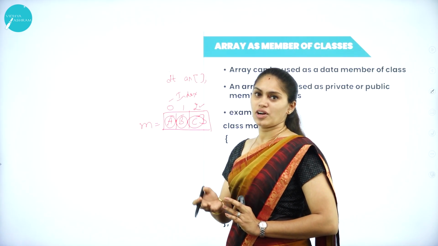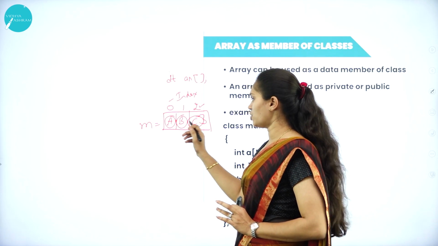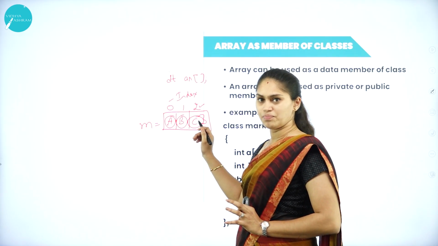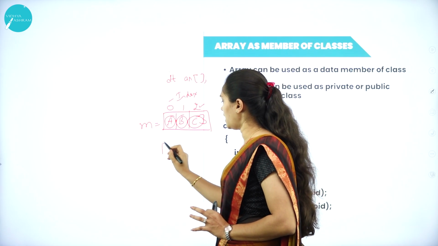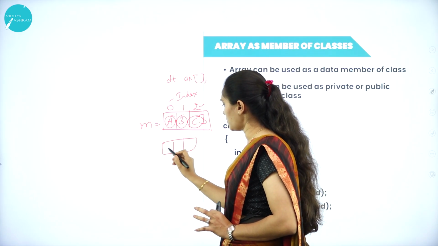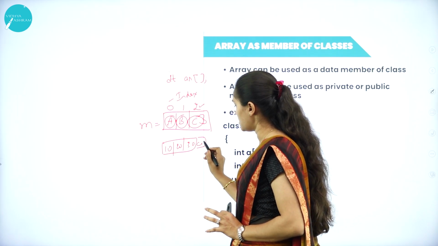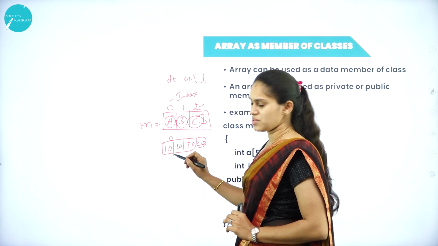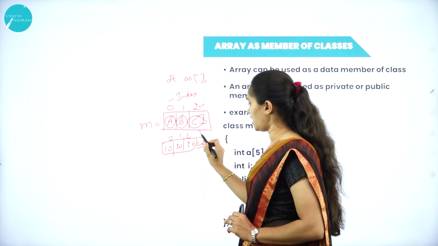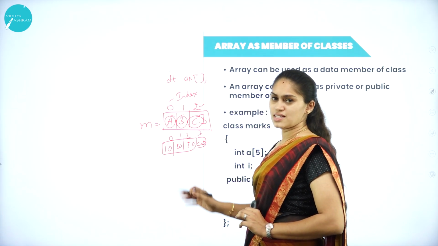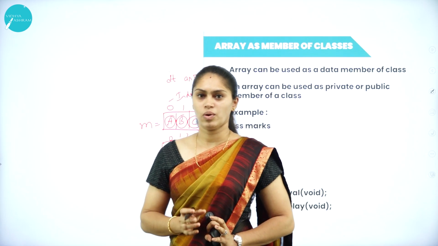So I cannot use that 3 to store the value AB3. Okay, so what does this array mean? It will help me to store the same kind of data. If you consider 10, 20, 30 and 40, the index starts from 0, 1, 2, 3. Okay, so this is how an array is going to work.